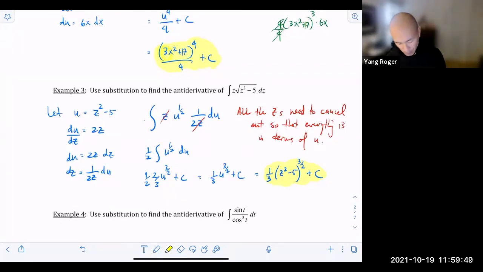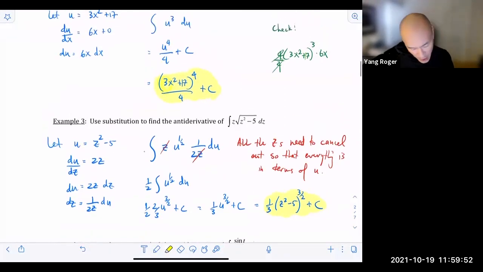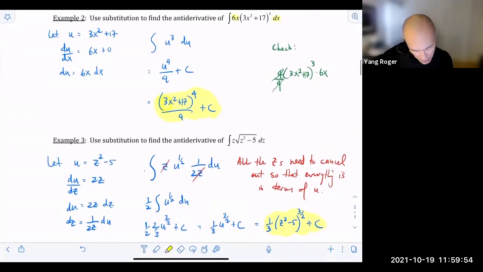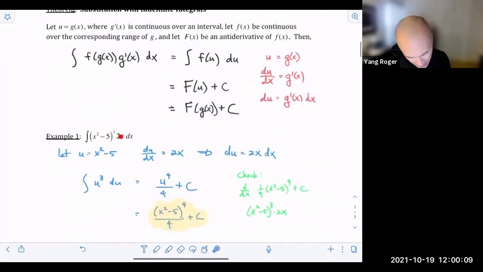So let me make a couple of comments here. For these earlier examples, I substituted the du in directly because I saw the exact derivative sitting off to the side. Example 1 was like that. Example 2 was like that.